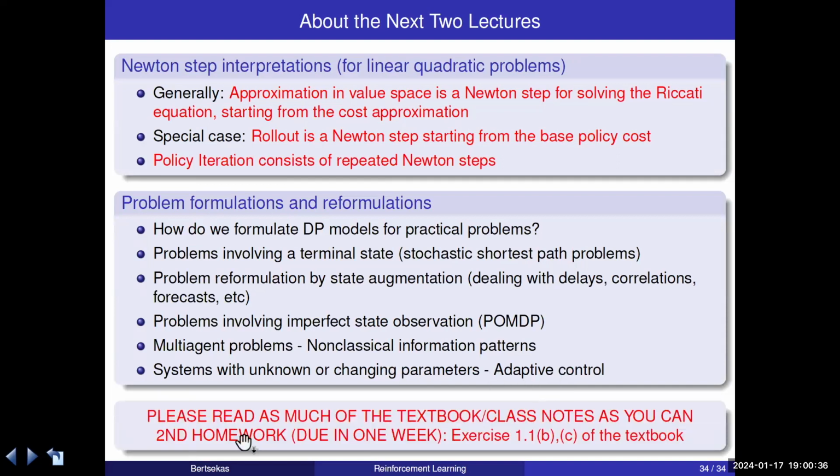And I would urge you, as I have done in the previous lecture, that you read as much of the textbook and the class notes as you can, and watch videos from the previous class offerings. There's a homework due in 1 week, which is the second part of the traveling salesman exercise that you did as homework this time.